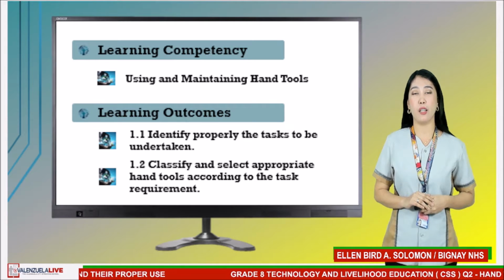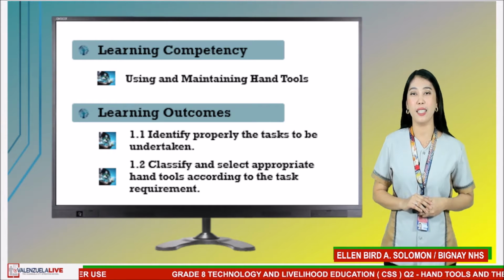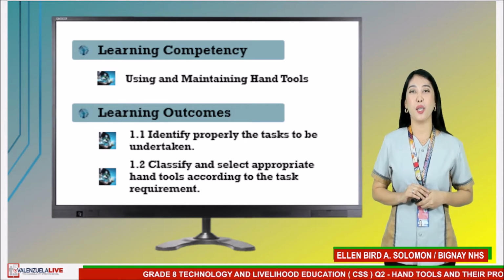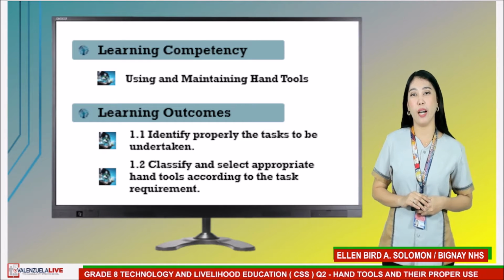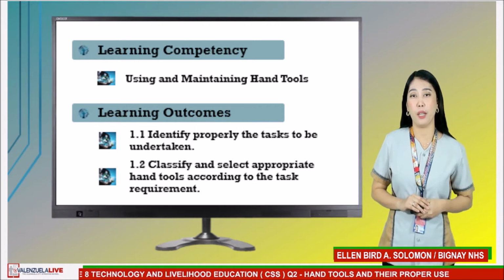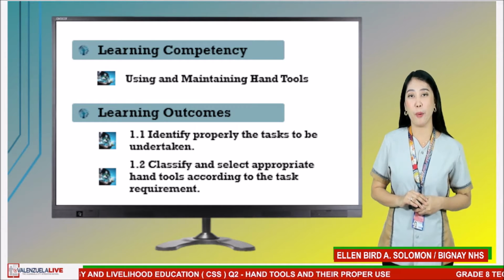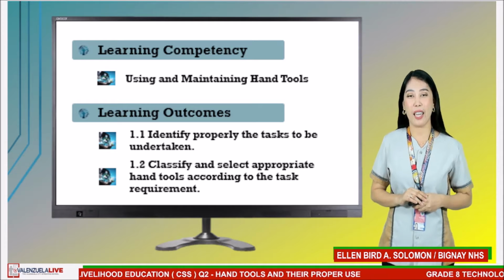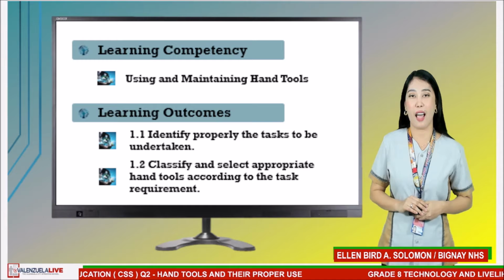Under this Learning Outcome 1, you are going to prepare hand tools, and in doing this, you are expected to: LO 1.1, identify properly the tasks to be undertaken, and LO 1.2, classify and select appropriate hand tools according to the task requirement.